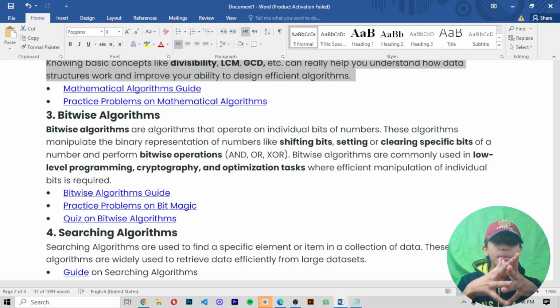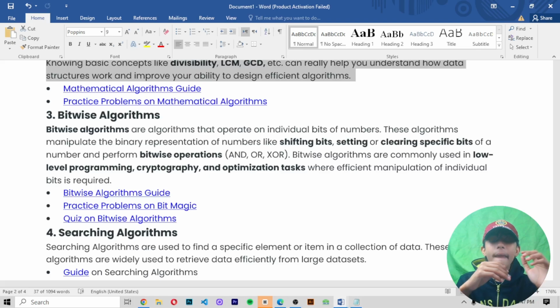These algorithms manipulate the binary representation of numbers, like shifting bits, and setting or clearing specific bits of a number, performing bitwise operations. In bitwise operations there are AND, OR, XOR, and these are math operations. If you want to learn data structures, your math should be strong. If your math is not strong, you will not learn data structures and algorithms. But when your math is stronger, you will easily learn them.